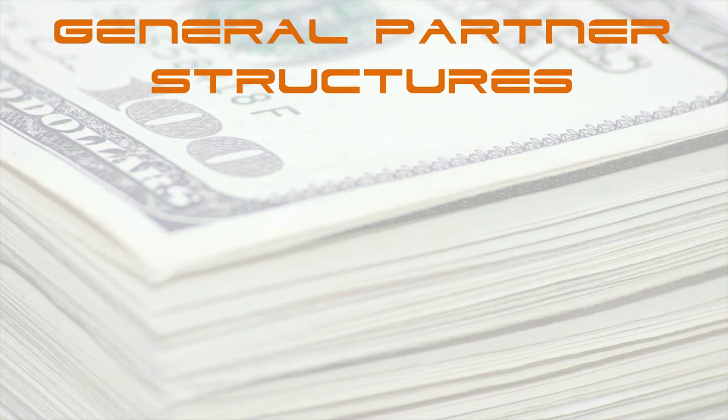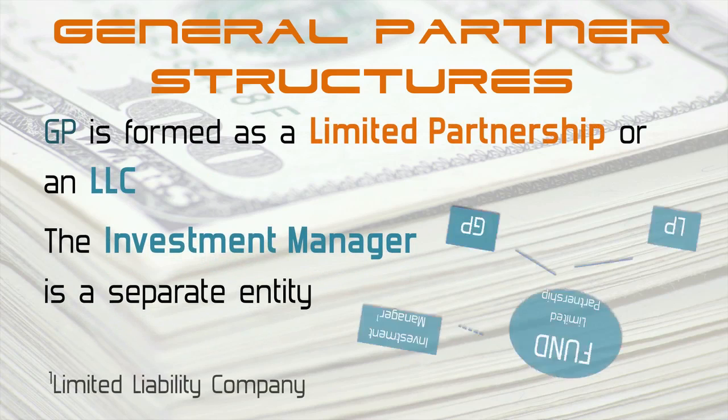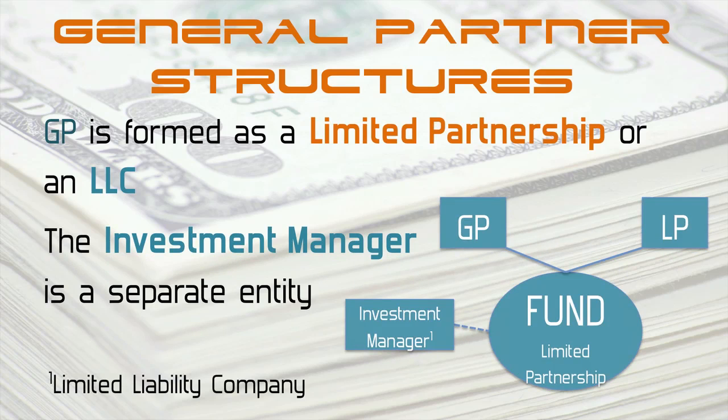This final structure is one where the general partner is formed as a limited partnership or as an LLC, and then the investment manager is a separate entity without any relationship to the general partner. Again, the investment manager here is set up as a limited liability company, with that dotted line showing the contractual relationship between the investment manager and the fund.